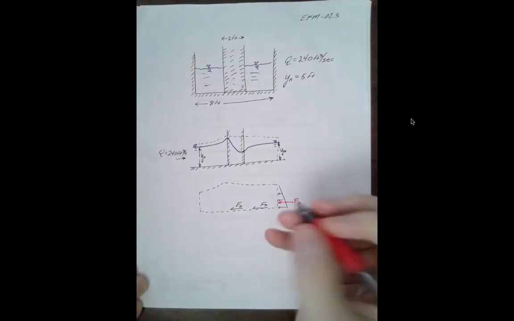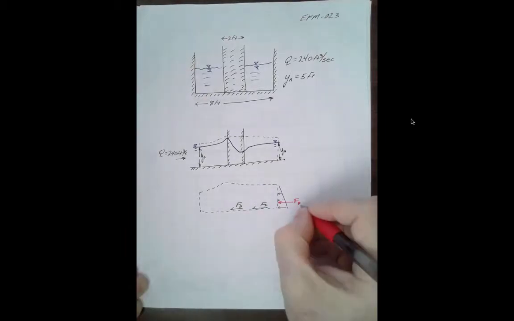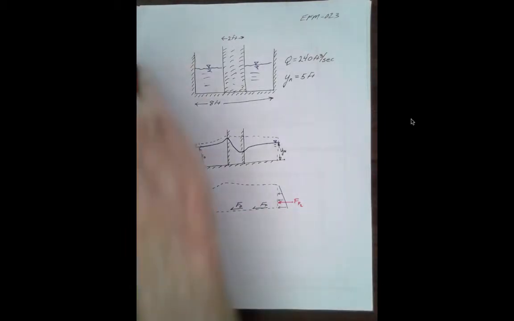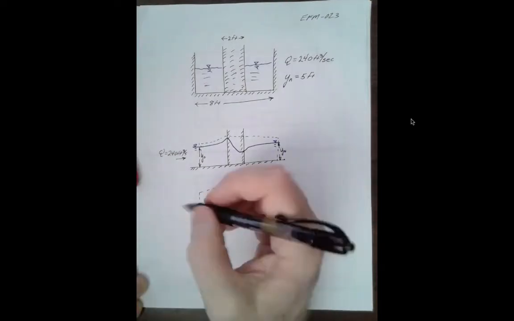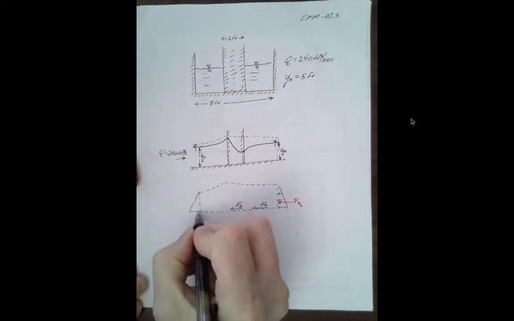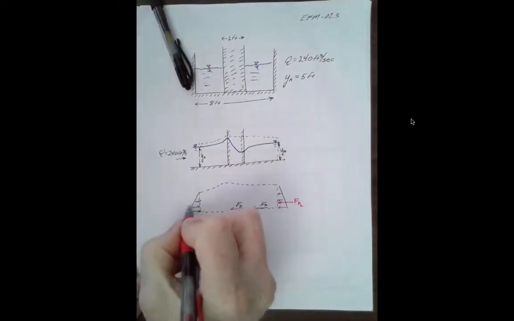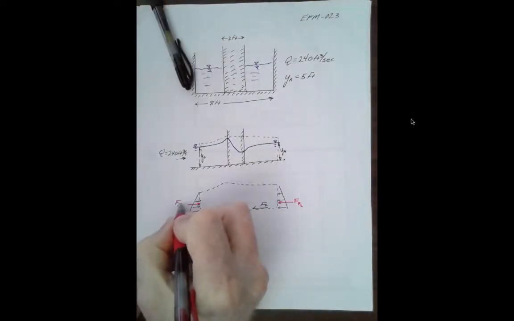FP. We'll give that a notation. We'll call that FP2. Hydrostatic pressure distribution on this end produces a force FP1.